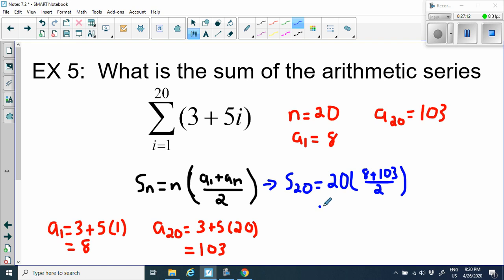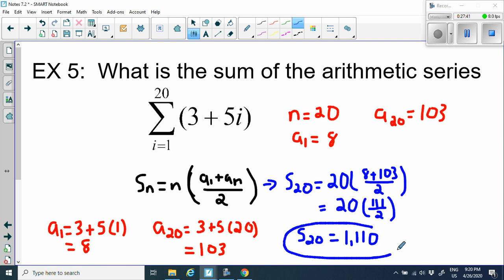So when I do this, I get 20 times 103 plus 8, which gives me 111. So I have 20 times 111 divided by 2. Plug that into your calculator, and that means the sum of the first 20 terms of this arithmetic sequence here is going to be 1,110. And that would be our final answer there.